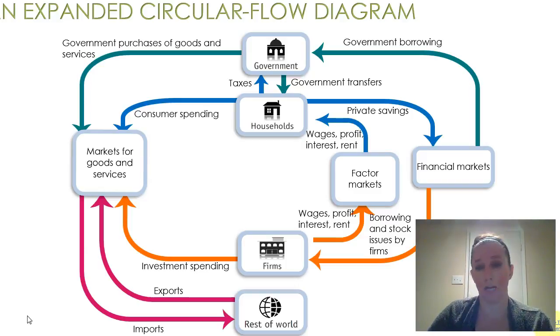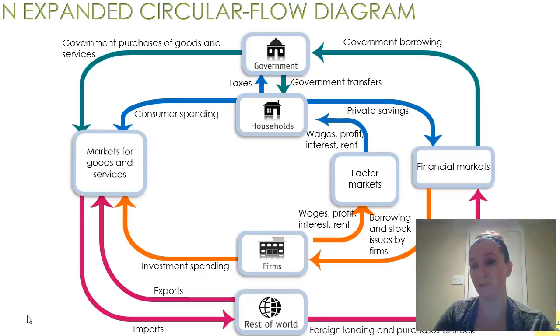So let me reiterate, you can pause it if you want, but I'm going to answer this now, is we're talking about the flow of money. So whenever we export things, even though we're sending the actual thing to the rest of the world, what they're sending us is money. And whenever we import things, even though we're getting some sort of a good or service, we are also paying them with money. So the money is flowing out of our economy.